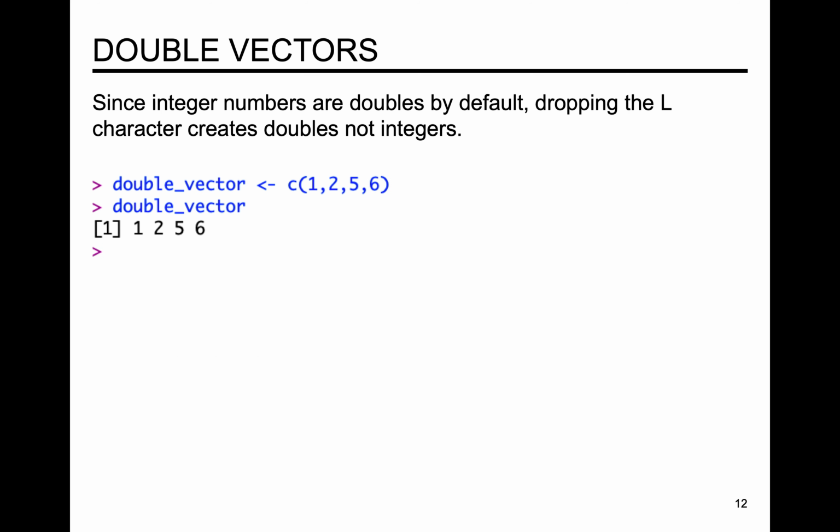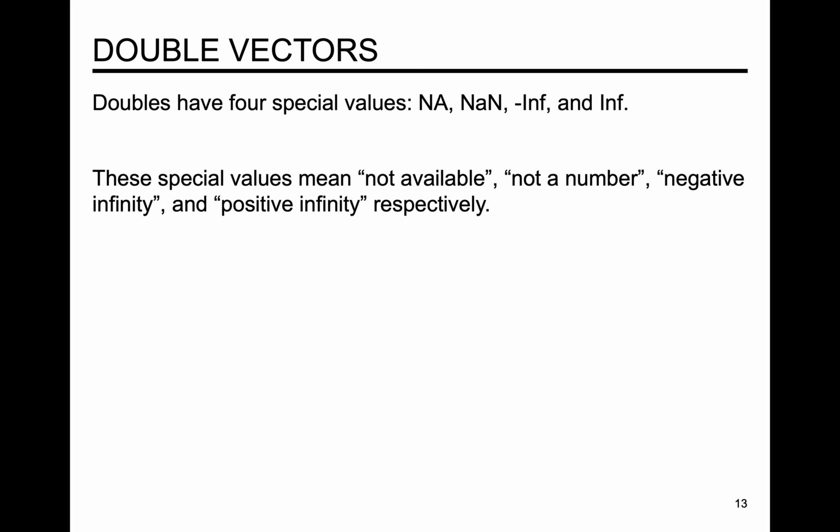Since integer numbers are doubles by default, dropping the L character creates doubles and not integers. Doubles have their own special values as well, except that they have 4. There's not available, not a number, negative infinity, and positive infinity.